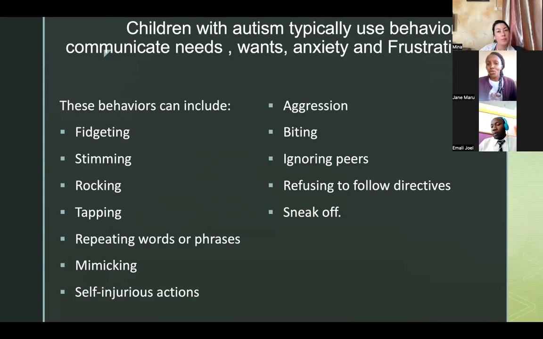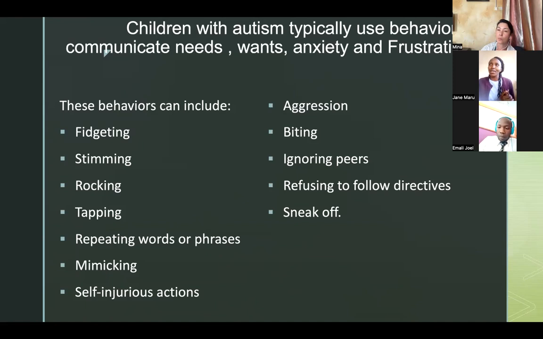Another behavior you'll find is that they refuse to follow directives. Even as a teacher, there's always what teachers expect their learners to do, so you give an instruction, but since they don't want to do it, they choose to do whatever they want. I'll also share my experience with a student I taught in my class, where you're in the middle of a lesson and the child all of a sudden storms out of class and runs away.